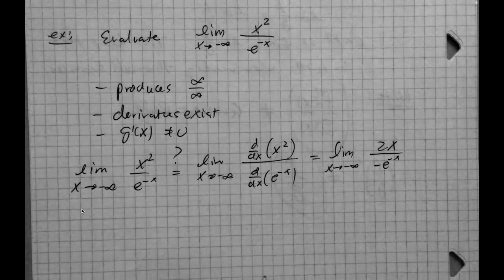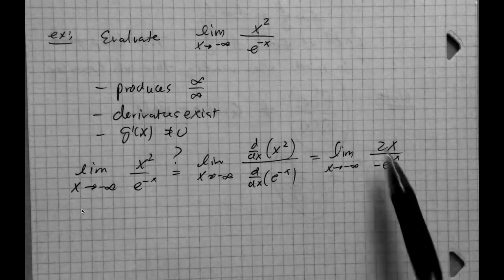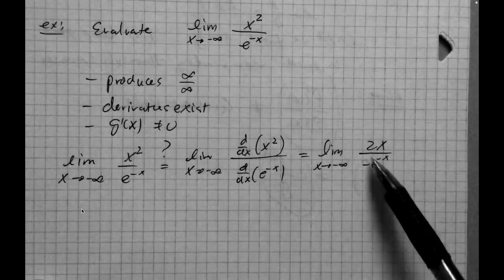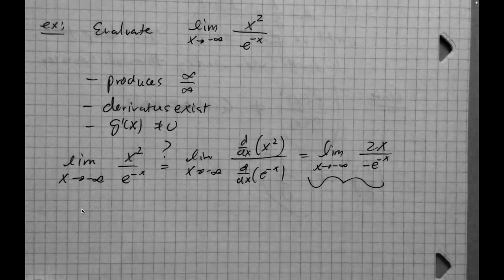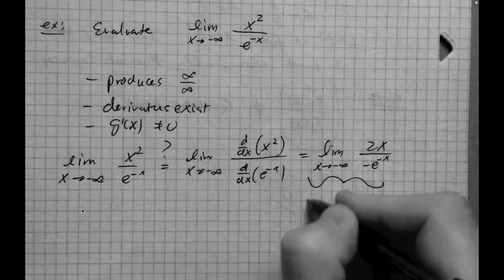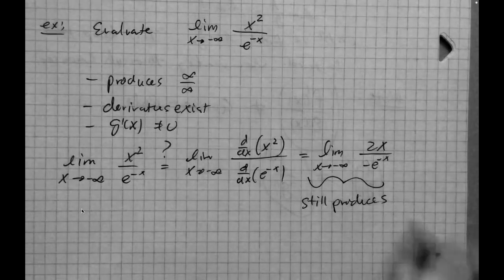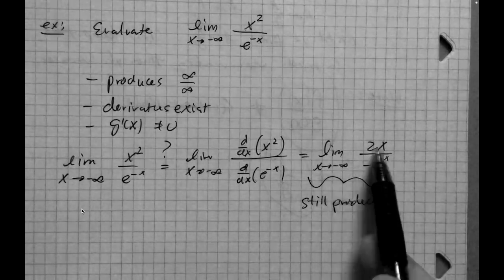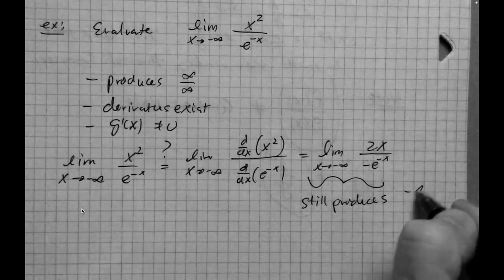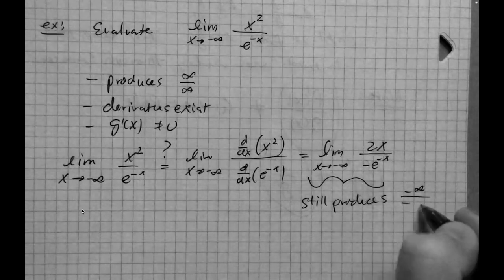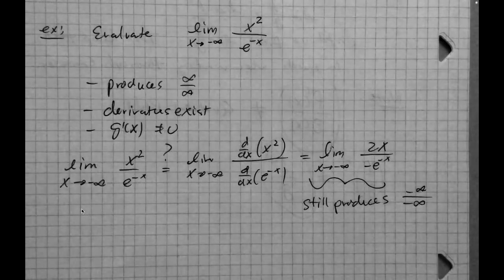Now what happens here? Well, we still have a problem, don't we? This still produces an indeterminate form. It will be negative infinity on top, and the bottom is the same as before, except now with the negative sign, so it's negative infinity over negative infinity. Still indeterminate.